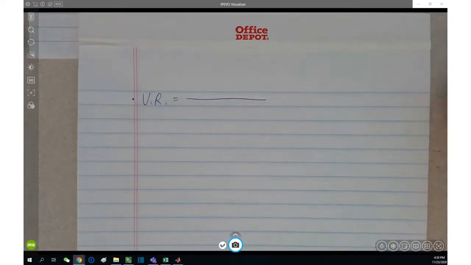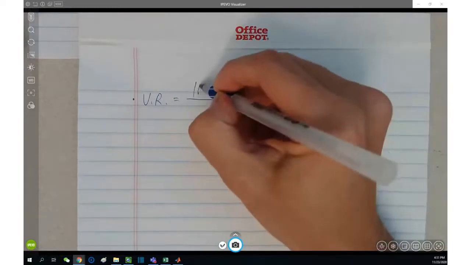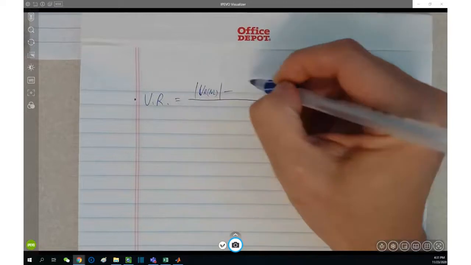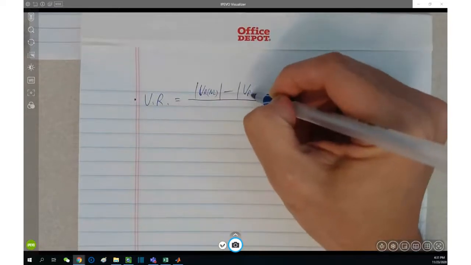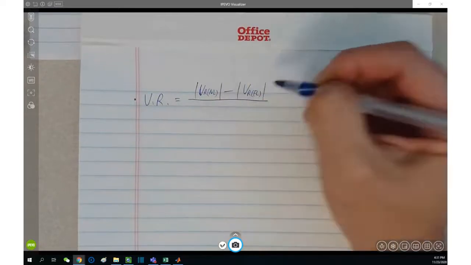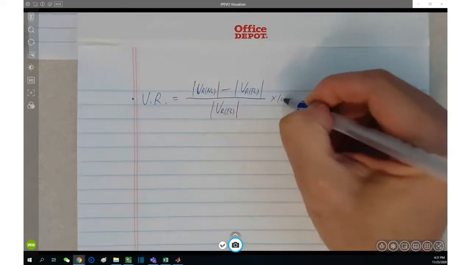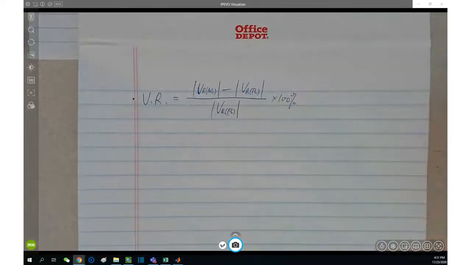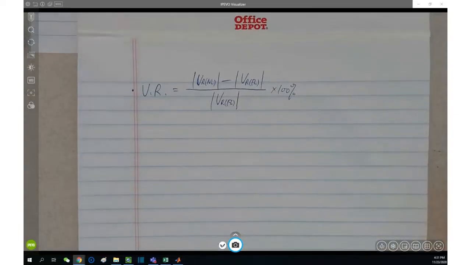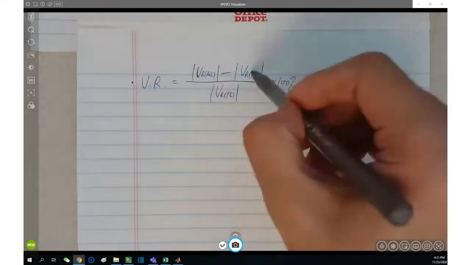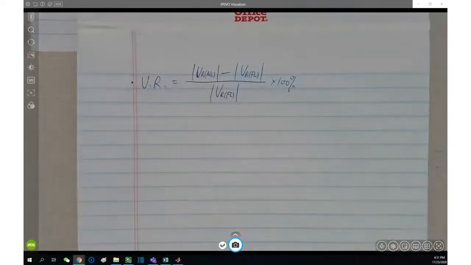It remains as the receiving end voltage at no load magnitude minus the receiving end voltage at full load magnitude, divided by the receiving end full load voltage magnitude, in percentage. This is exactly the same as what we learned for the short line. The difference is obviously the full load and no load voltage.